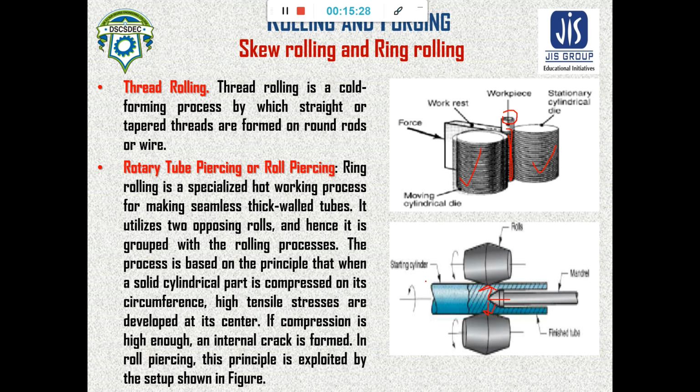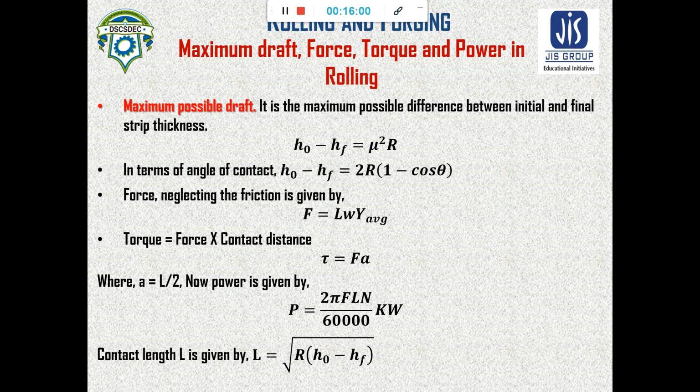So in rotary tube piercing or roll piercing, these two rolls rotate in opposite direction, and the workpiece is also rotated while progressing through the mandrel. So that is roll forging, rotary tube piercing.